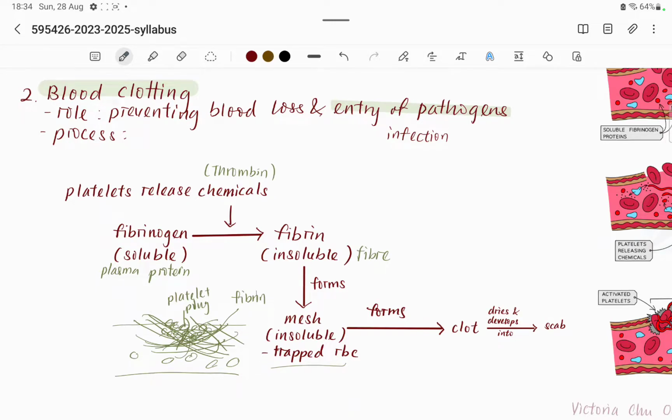So this is the process. Platelets will release a chemical called thrombin to the fibrinogen. Fibrinogen is soluble, so after thrombin is released, this fibrinogen, which is the plasma protein, will be converted to fibrin, an insoluble fiber.